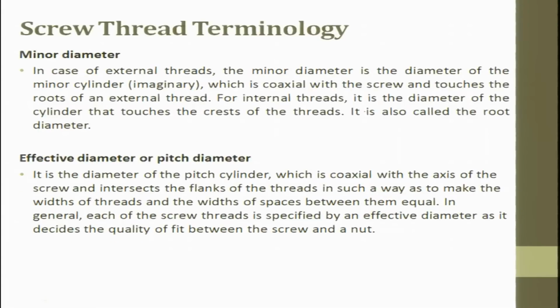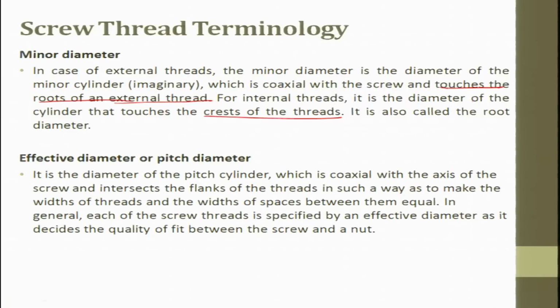When we talk about minor diameter, in case of external thread, minor diameter is the diameter of the minor cylinder which is coaxial with the screw and touches the roots of an external thread. For internal threads, it is the diameter of the cylinder that touches the crest of the thread.